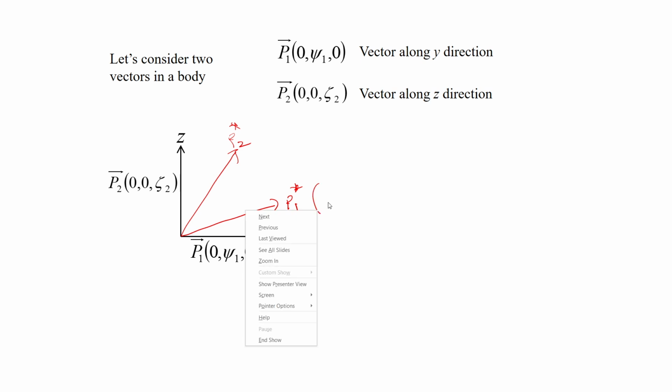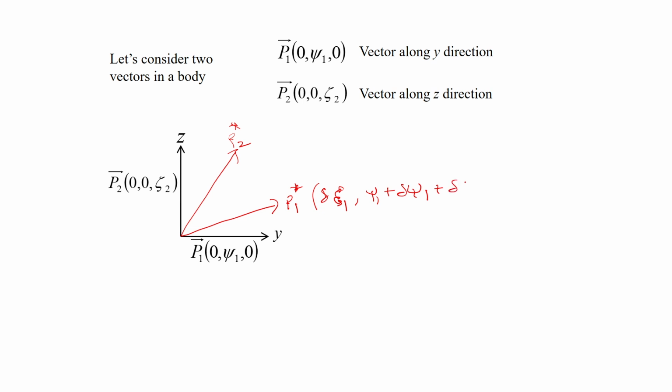It was earlier 0, psi 1, 0. Now it is delta xi 1, psi 1 plus delta psi 1, and delta zeta 1.